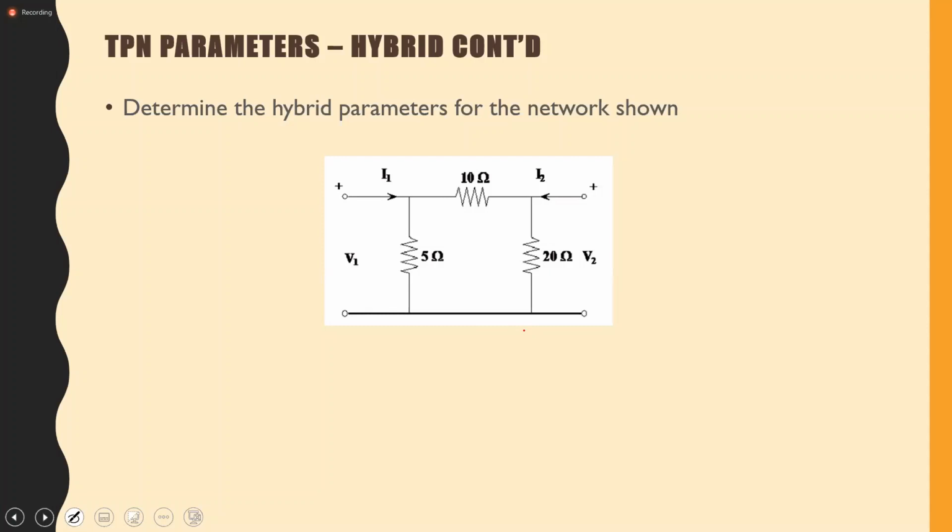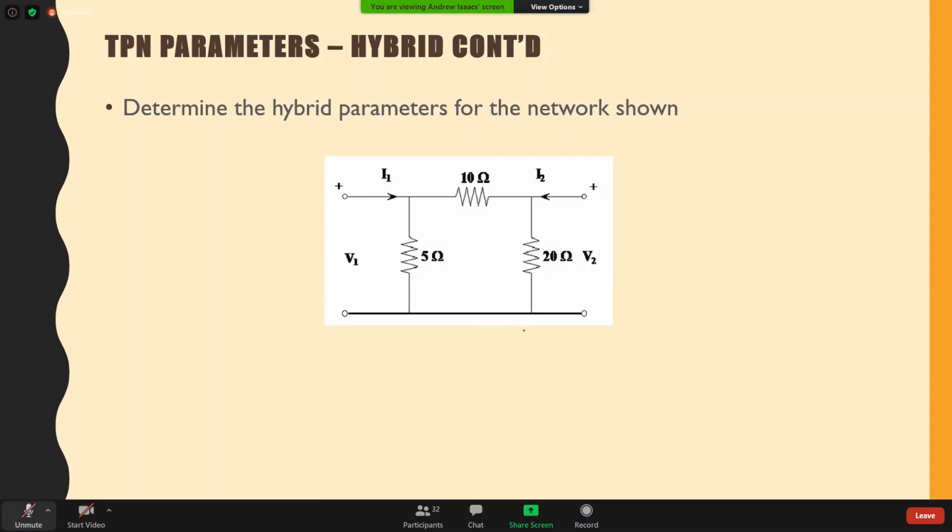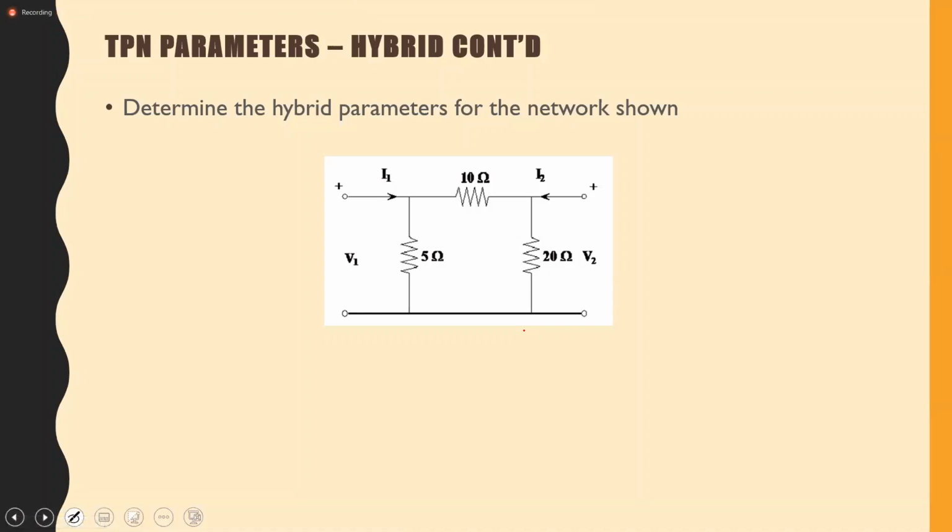So for this network, I'm going to start by finding H12 and H21. And in both instances, I will have to short circuit port 2. So if I put that short circuit there, then it means that V2 is 0.